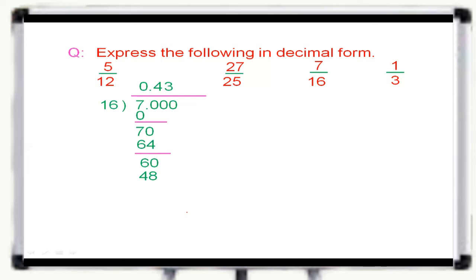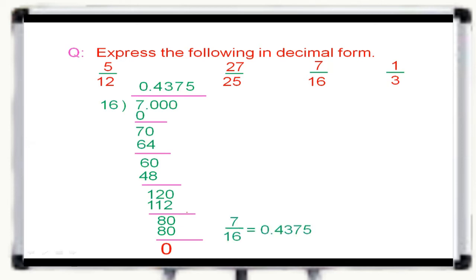By subtracting 60 and 48 we get 12. By taking 0 the number becomes 120. 16 sevens are 112. By subtracting we get 8 here, and then we take 0. 16 fives are 80. That means this rational number is terminating, the remainder is 0. The quotient is 0.4375.